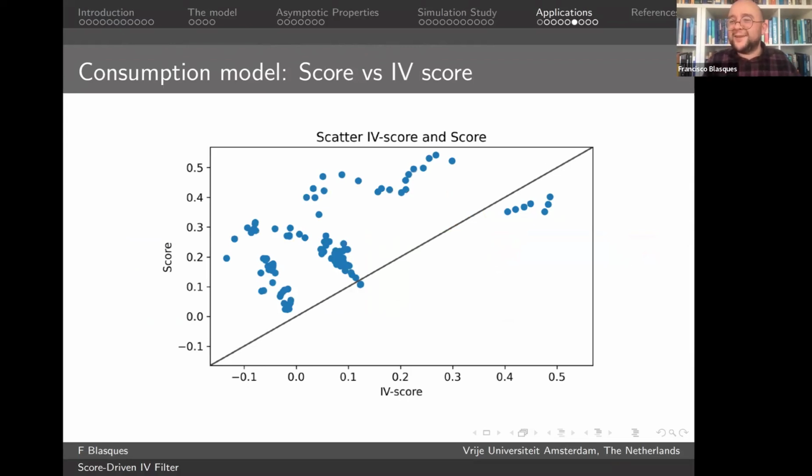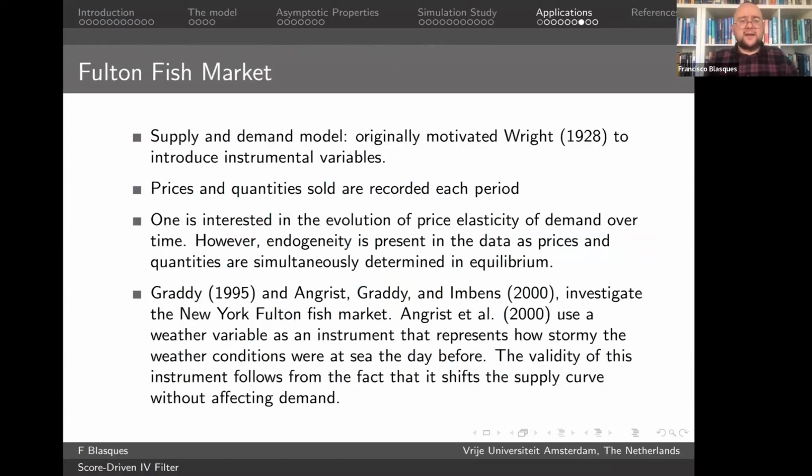And I will quickly switch, if there are no questions, to the last application on the Fulton fish market. So a well-known application used already in a number of papers as well, related to, again, the original application of IV almost 100 years ago, because it's related to estimating supply and demand functions.